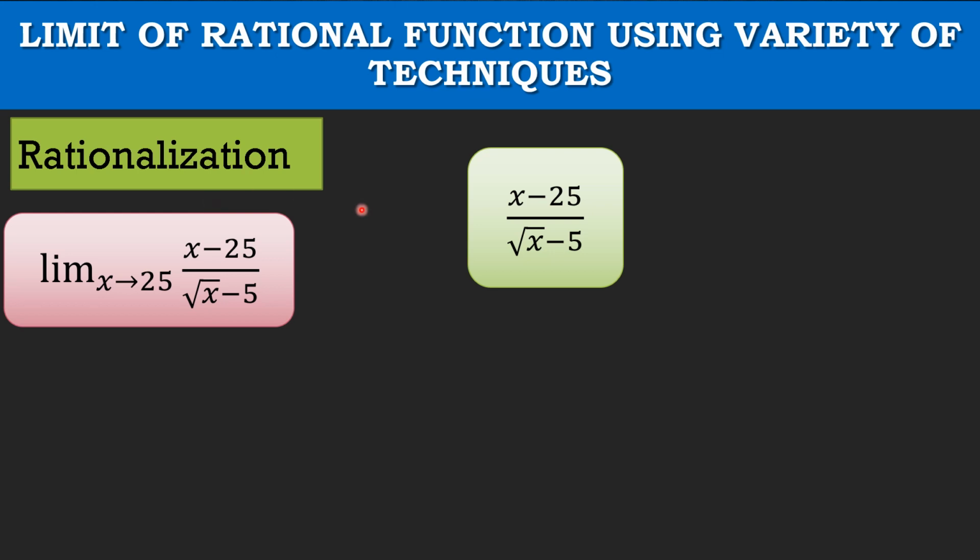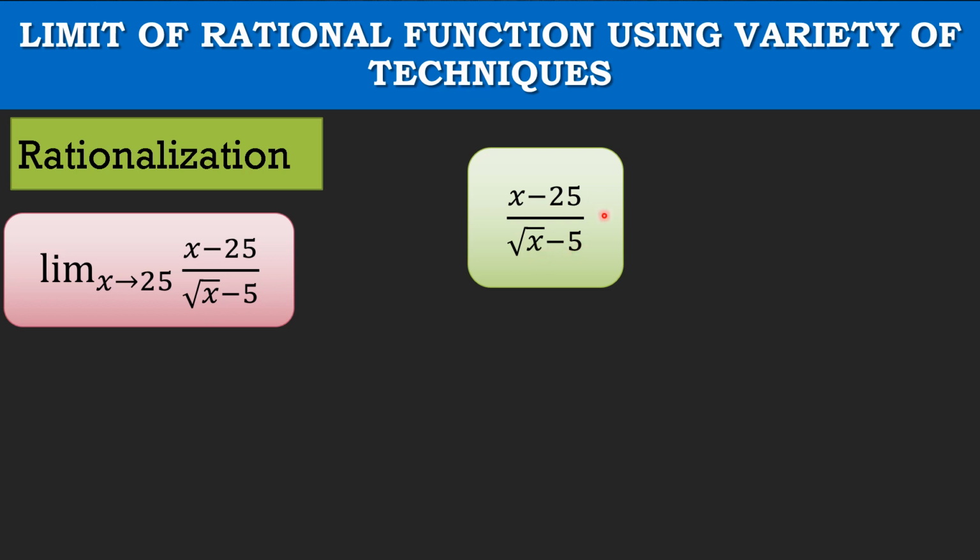Okay, dito sa rationalization, yung gagawin natin dito is aalisin natin yung square root na to, or the radical sign here in your denominator. Okay lang na magkaroon ng radical sign in part of your numerator. The question is, paano? Okay, so dito tayo focus sa denominator, which is square root of x minus 5.